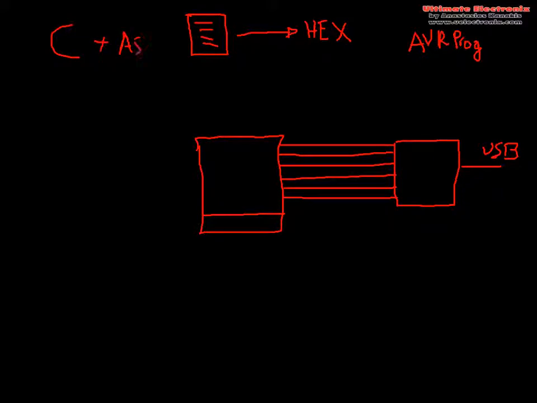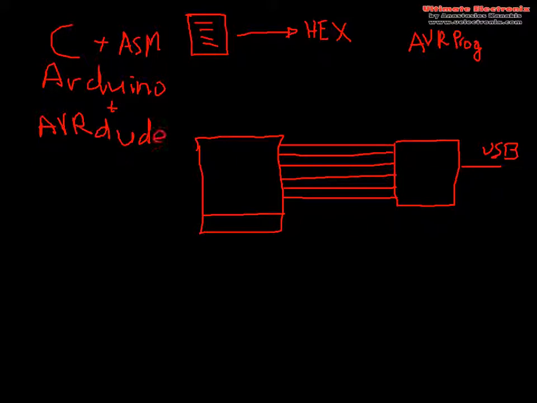Finally, when you compile it with the Arduino software, it uses internally the AVRDude software. This is a command line program, and it takes the compiled hex file from this source code and loads it through the USB.